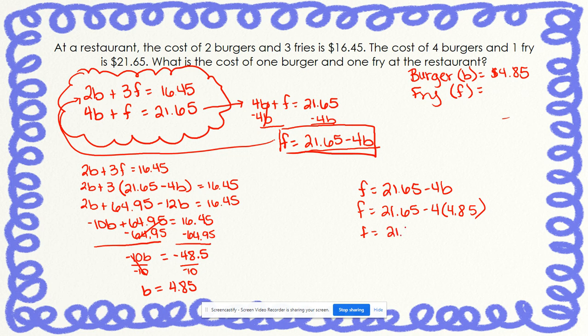So I'm going to do 21.65 now minus $19.40, and I get $2.25. So the cost of one fry is $2.25.